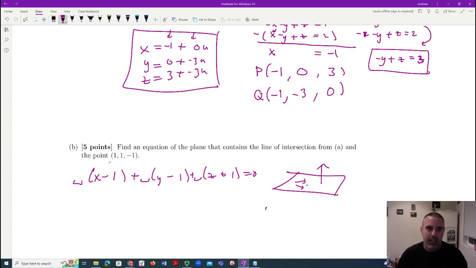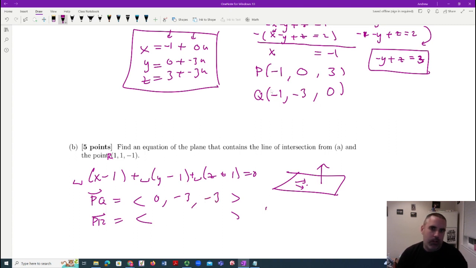Now in this case, I already have 2 points that are on this line, and they tell me the line is contained, so I have 3 points already. So if I was doing this, I would just take what I've already done. I would do PQ and PR. The order doesn't really matter, but let's do it. So I would do PQ, which I've already done, is 0, -3, -3.